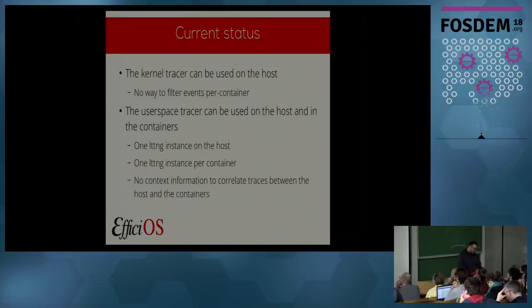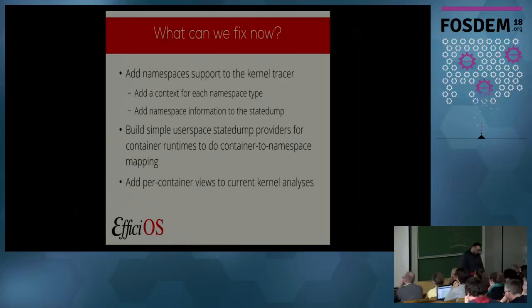And then the user space tracer can be run inside the host, but it can also be run inside a container. You just need to run two instances, one instance per container. But again, there's no information that would let you correlate a trace from the host side with the trace from the user space inside a container right now.